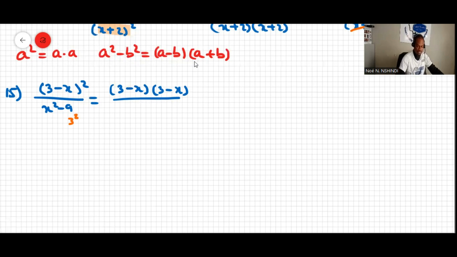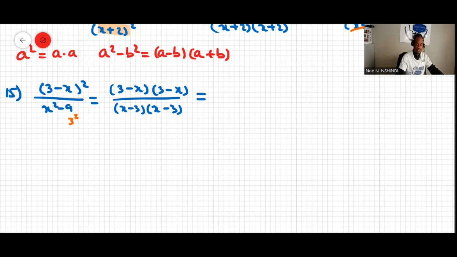There it will be x minus 3 and then x minus 3. Now we cannot simplify these, because this is 3 minus x and that's x minus 3. Let me give you an example. If we have 2 minus 5, it's not the same thing as 5 minus 2. We cannot really simplify that.